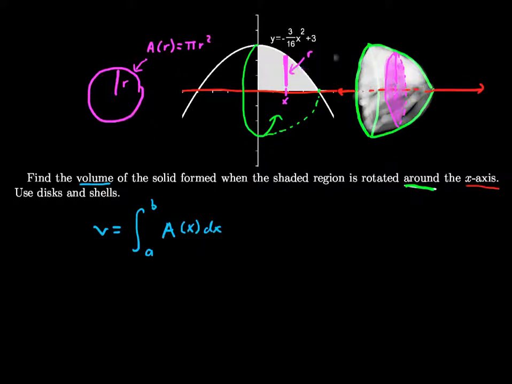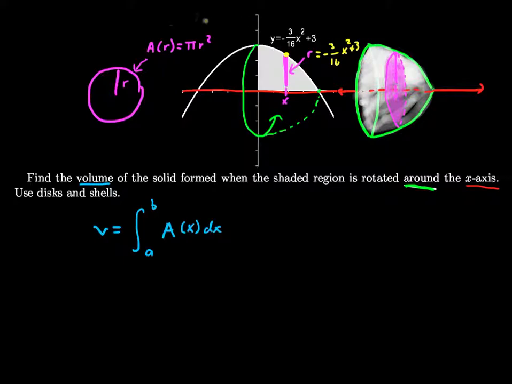This radius at any x value will actually end up equaling the y value. It's this height right here. So the radius will equal the y value, which is negative 3/16 x squared plus 3.